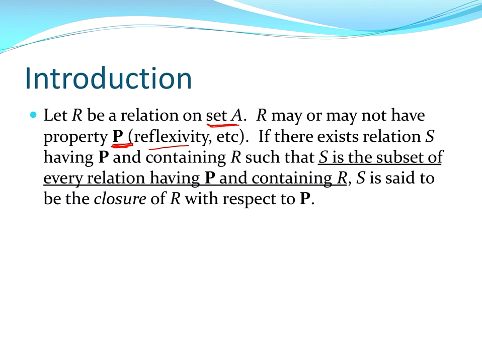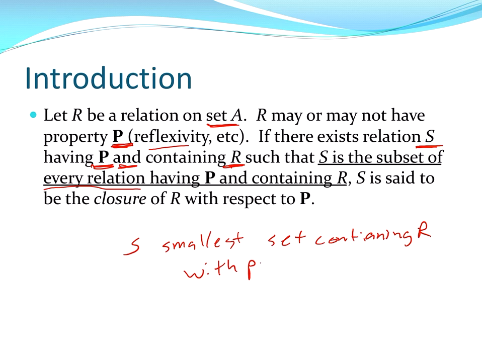If we can find a relation S that does have that property and contains R such that S is the subset of every relation having P and containing R, S is said to be the closure of R with respect to P. That is, if S is the smallest set containing R with property P.